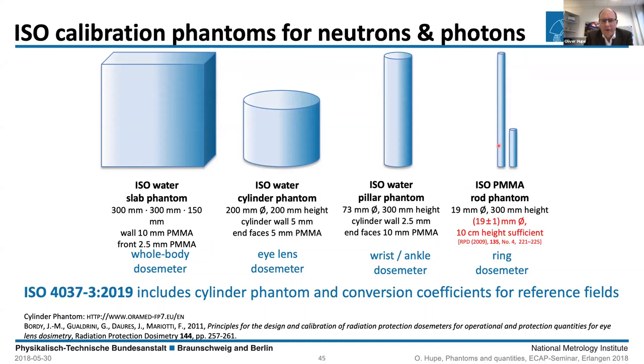There have been investigations, and I found out that if you use a 10 millimeter height, that is quite sufficient. And as you can't buy 90 millimeters PMMA in diameter, you have the possibility to use plus minus 1 millimeter, and it's still in accordance with the backscattered radiation. So this is the theoretical phantom, but you can also use this, and that's what is included in the new version of the ISO as well, because it's the practical solution.